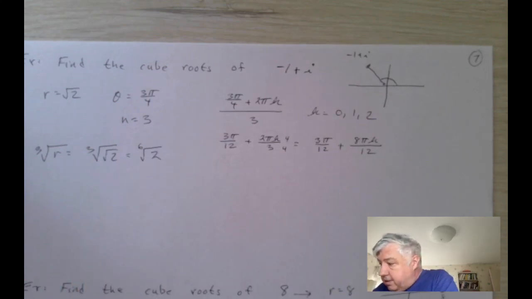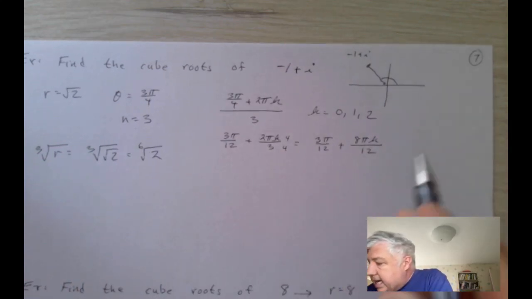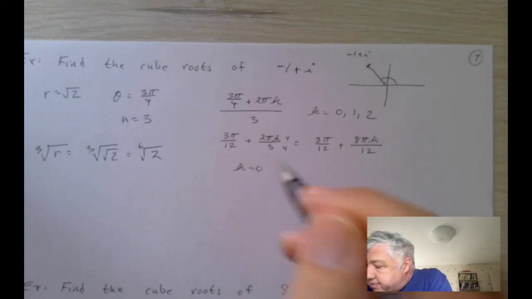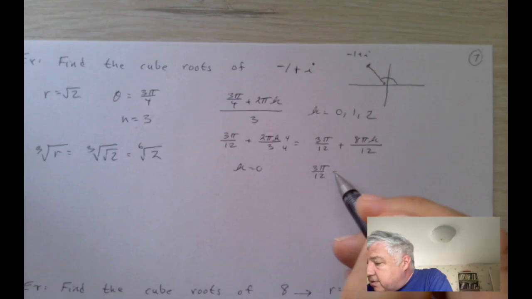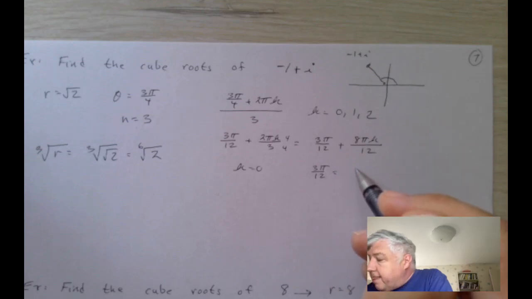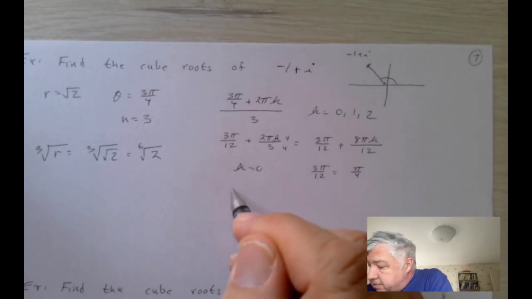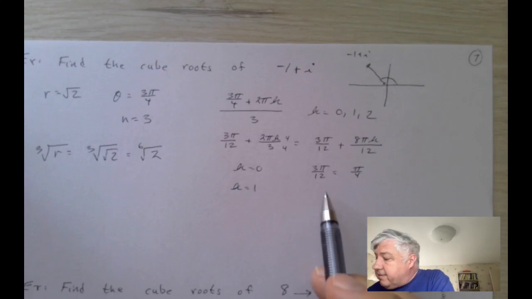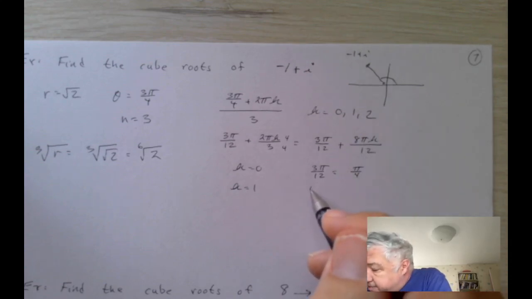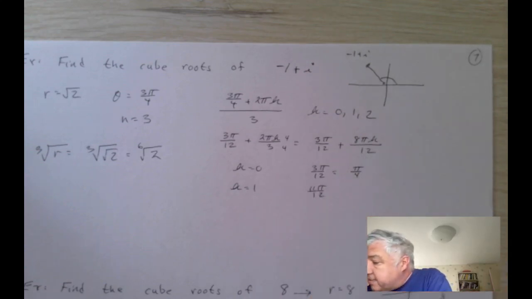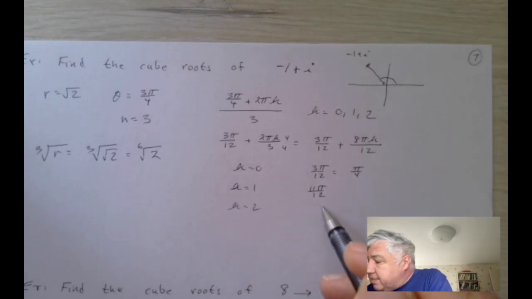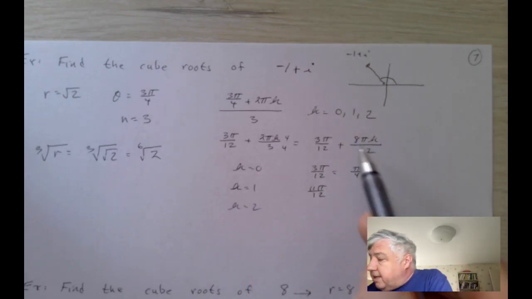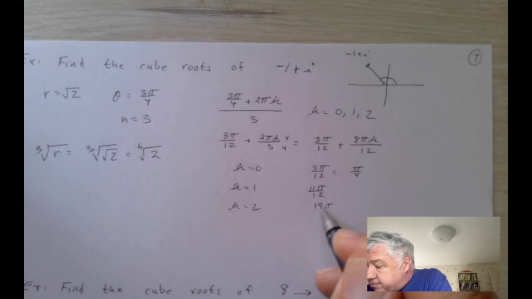And when k equals 0, this is just 3 pi over 12, or pi over 4. When k equals 1, this is 11 pi over 12. And when k equals 2, this is 16 plus 3, that's 19 pi over 12.